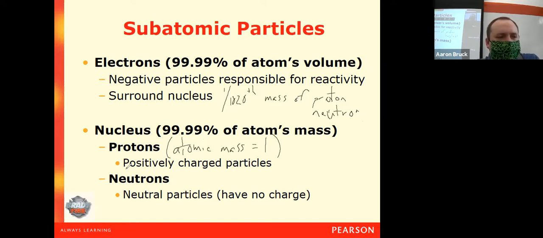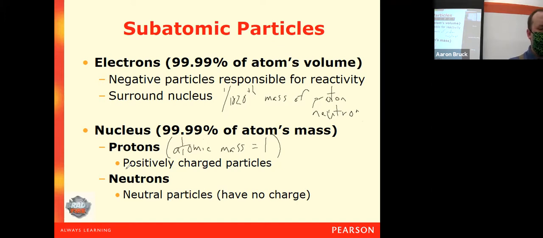The charge on the proton is equal but opposite of the charge of the electron. So in a neutral atom, every proton is matched by an equal number of electrons. So if I have 30 protons, I'm going to have 30 electrons.